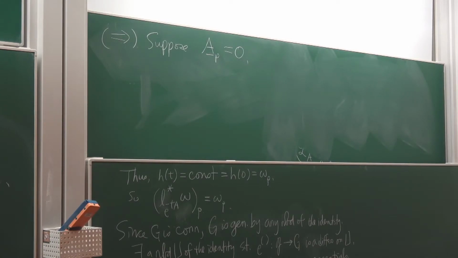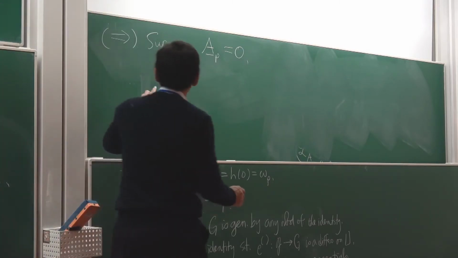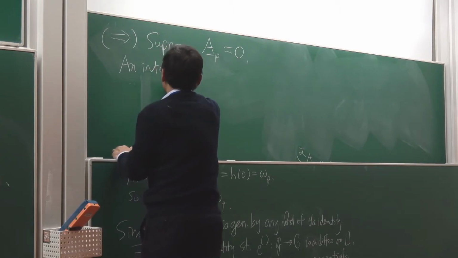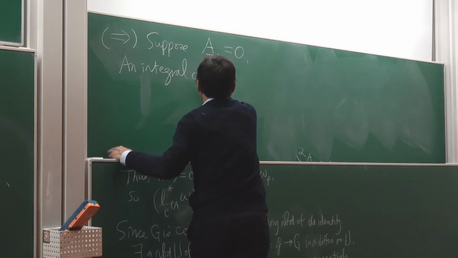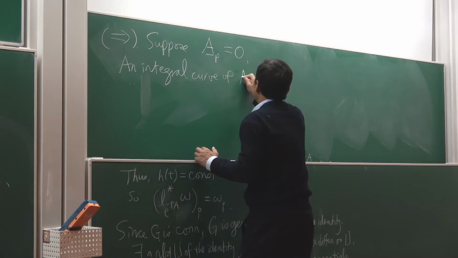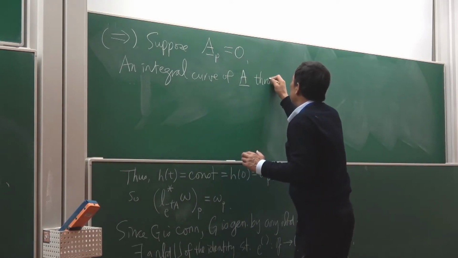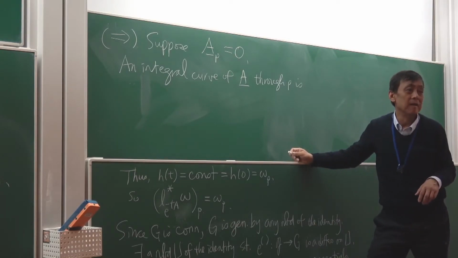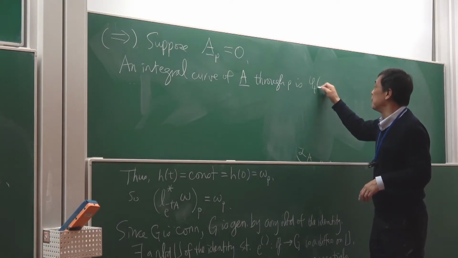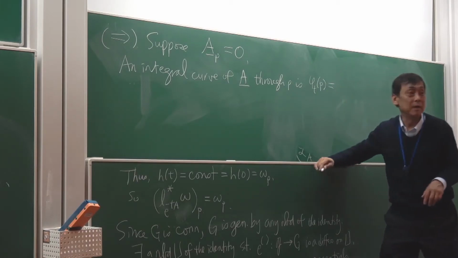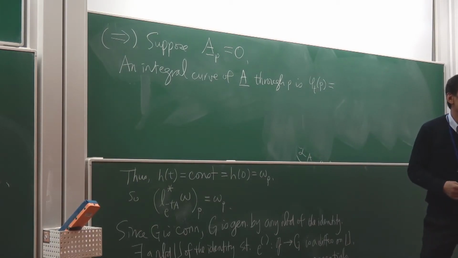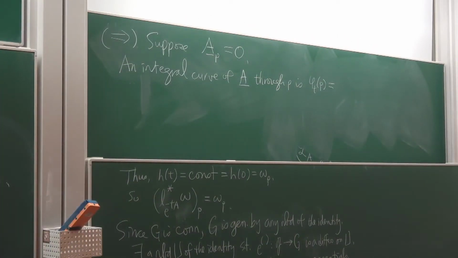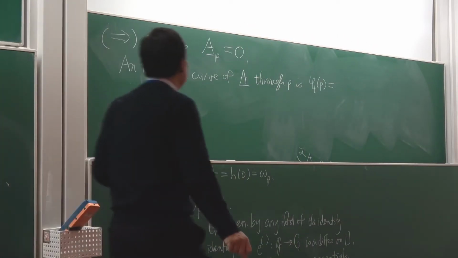What's an integral curve of the fundamental vector field through p? An integral curve of A bar through p is phi_t of p equal to p dot e to the tA.